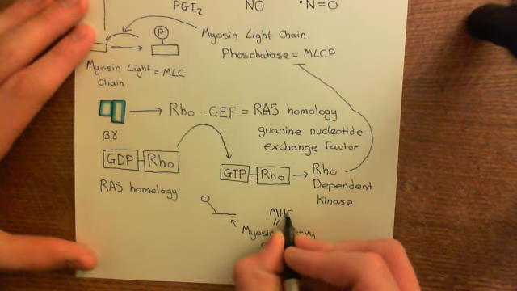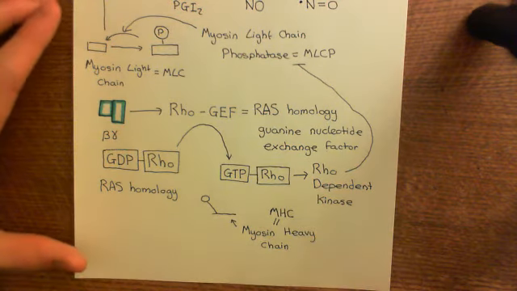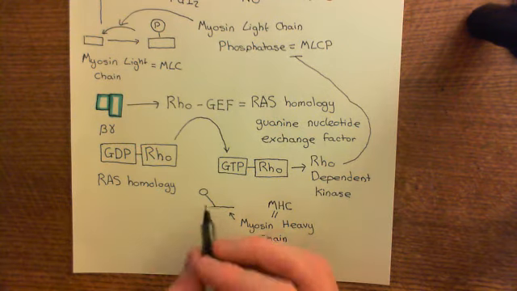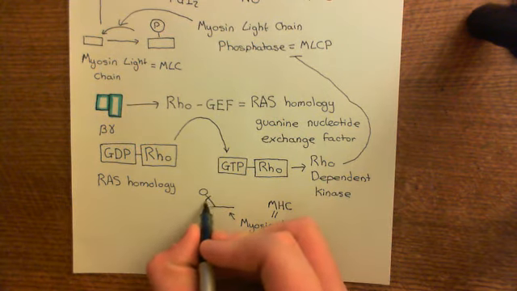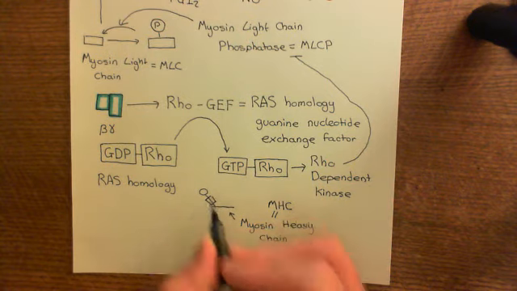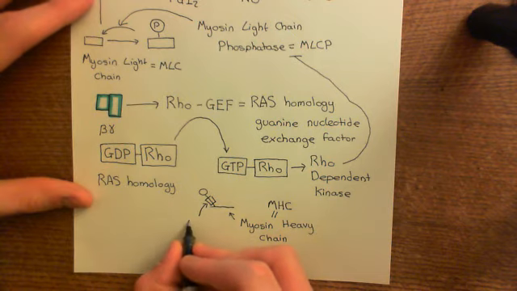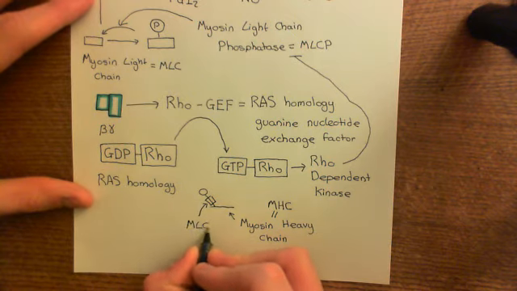But myosin heavy chain can also be abbreviated to MHC. Basically, attached to the myosin heavy chain, or wrapped around it here, you have a myosin light chain, or an MLC.